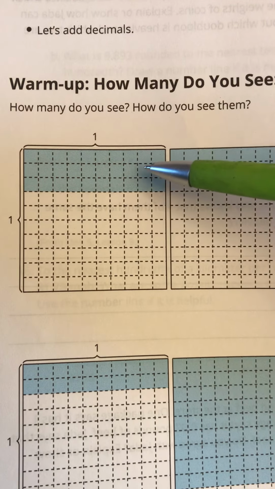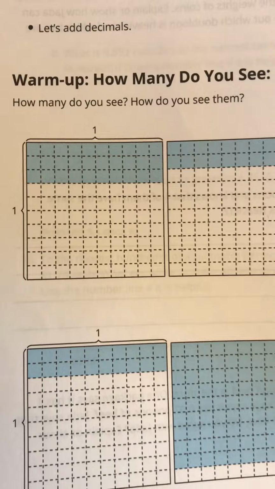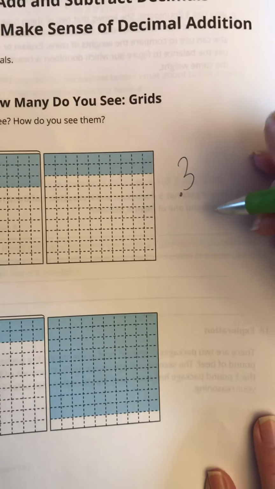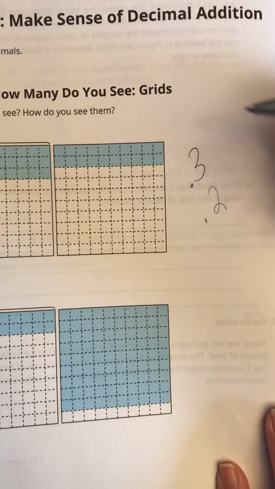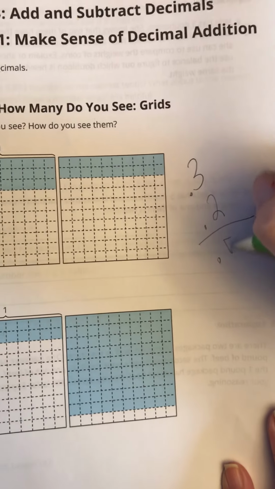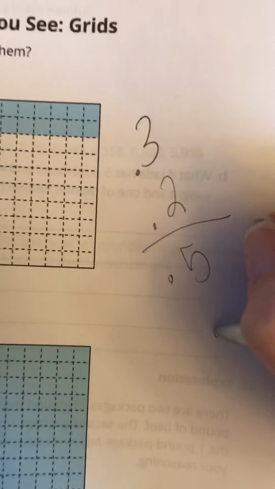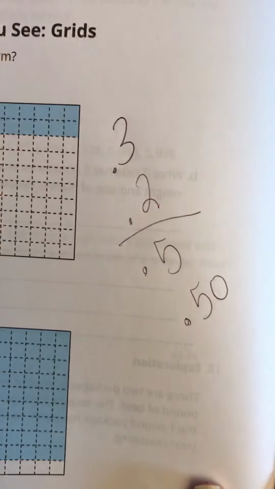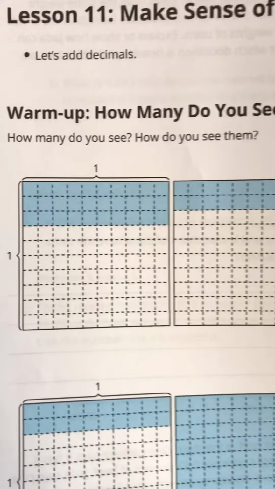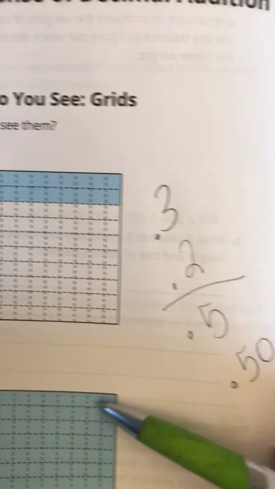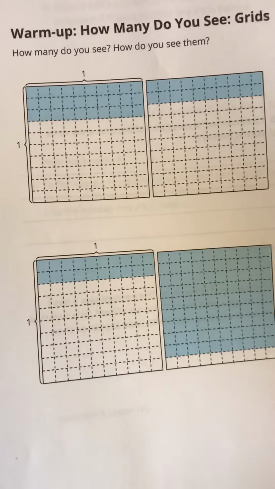And so that would be 30 hundredths, or we could say it as 3 tenths, added to the 2 tenths. And so we have a total of 5 tenths here, or 50 hundredths would be the same amount. So that's all you have to do on these pages. You can look at each one individually and then put them together.